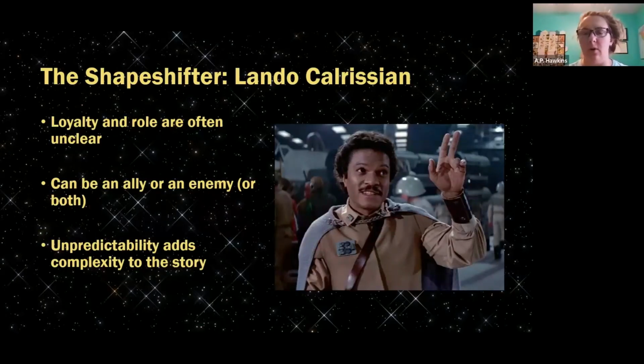So his loyalties shift throughout his portion of the story. At certain times, he acts as both an ally and an enemy, and then ultimately becomes an ally in the end. But the unpredictability of the shapeshifter can add complexity to a hero's journey story.